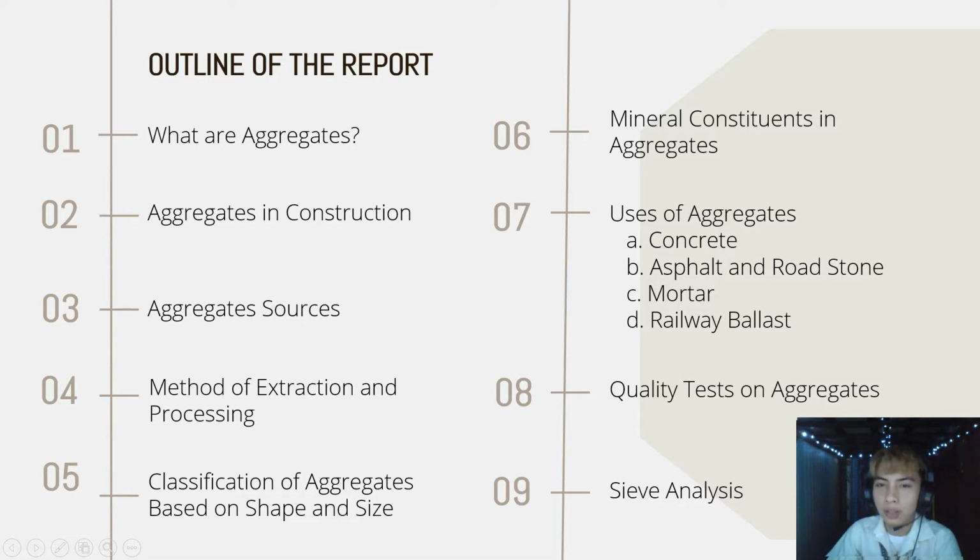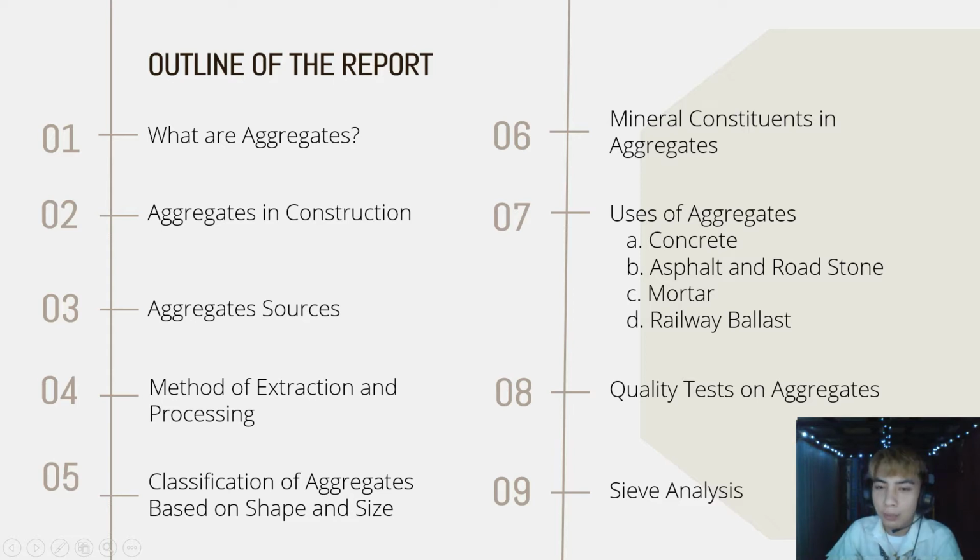In number 7, we will be discussing the uses of aggregates. Dito naman, bibigyan nating pansin kung ano nga ba ang gamit ng aggregates sa mga sumusunod. Ano nga ba ang gamit ng aggregates sa concrete? Ano ba ang gamit ng aggregates sa asphalt and roadstone, sa mortar, and sa railway ballast? Number 8, we will be discussing the quality tests on aggregates.